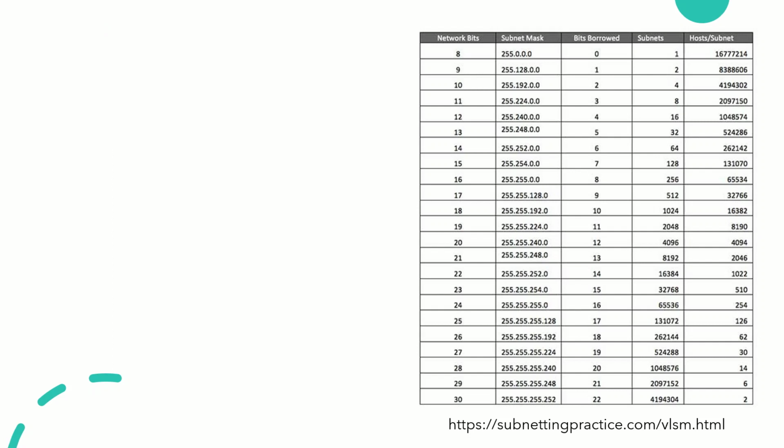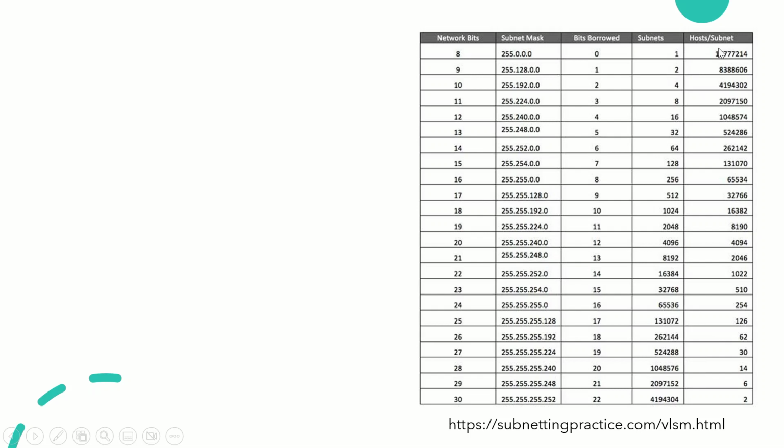But in this scenario, what should we do? As you can see here, we have a table, this is a standard, showing how many bits you have, what is the subnet mask for these bits, and also how many subnets and how many hosts that we can get.